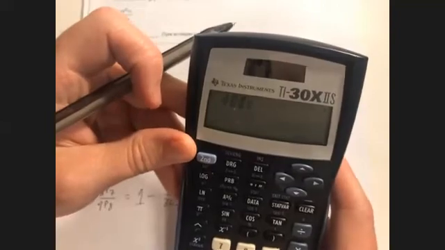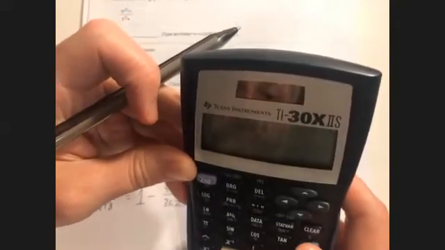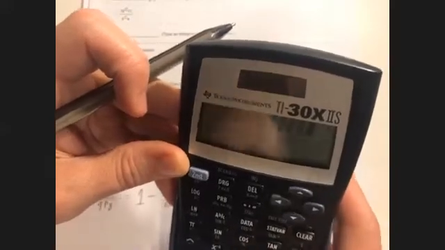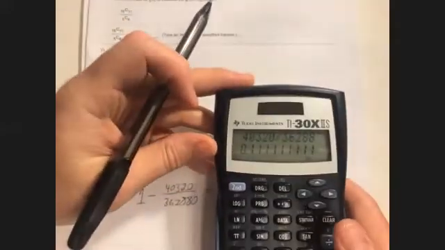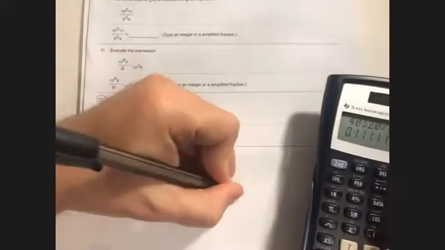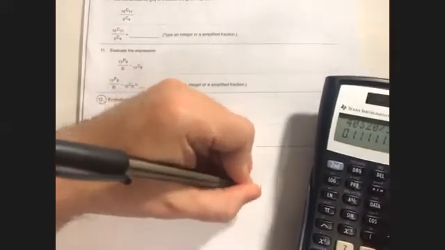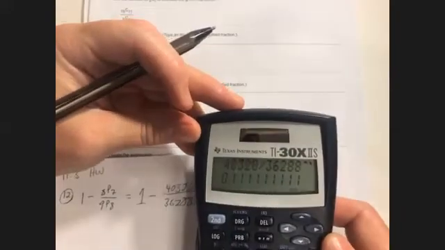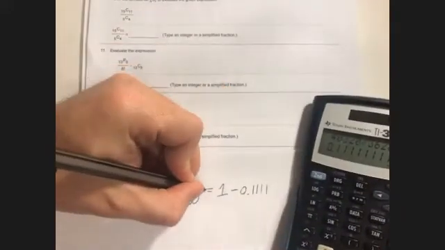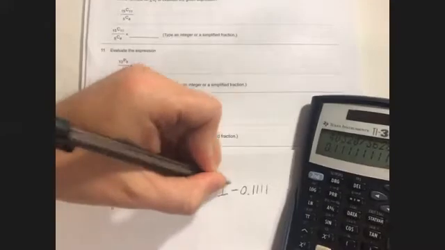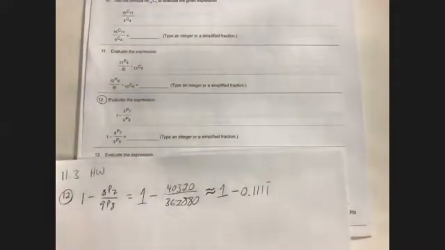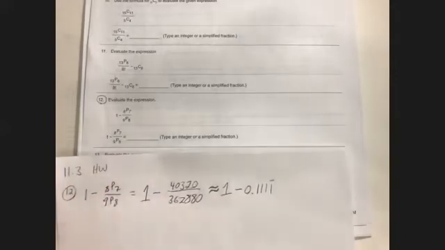So 40320 divided by 362,880. And look, we get a bunch of ones. 1 minus 0.1111. Well, this means it goes on forever. So I'm going to change that to approximate because it looks like I've kind of cut my decimal off.